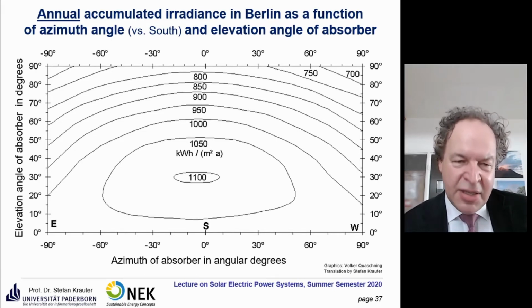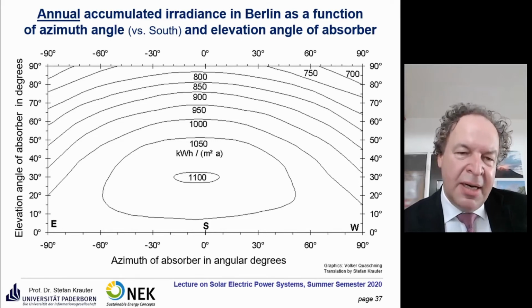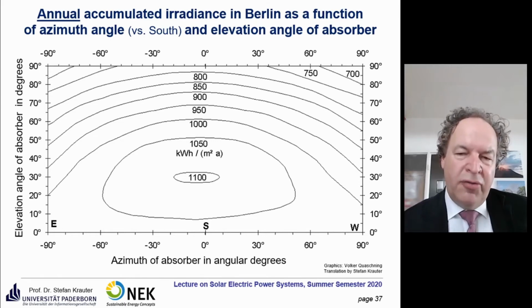Even if you incline it to about 50 degrees, you only have a loss of about 10%. If you install your photovoltaic panel on a south-directed facade, you will still have between 800 and 750 kilowatt hours per square meter. So you have about 30 to 35% loss in irradiance level.